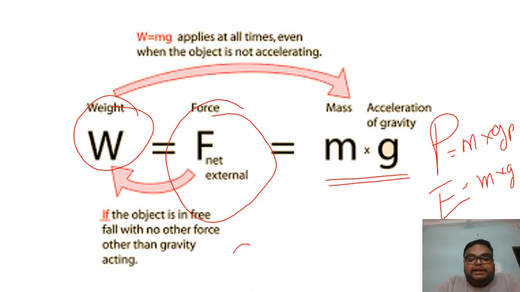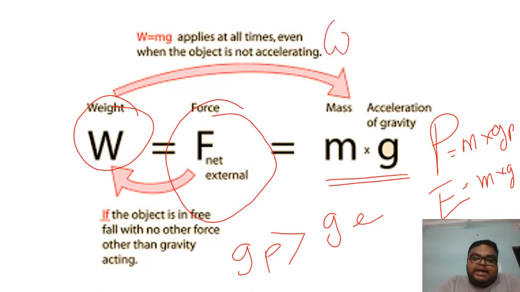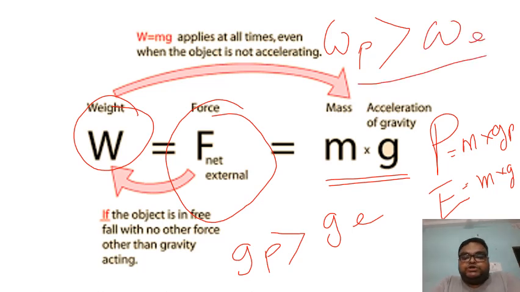We know that gravity at the poles is stronger than gravity at the equator. So we can say that weight at the poles will be more than the weight at the equator. Understood students? Is this point clear to everyone?